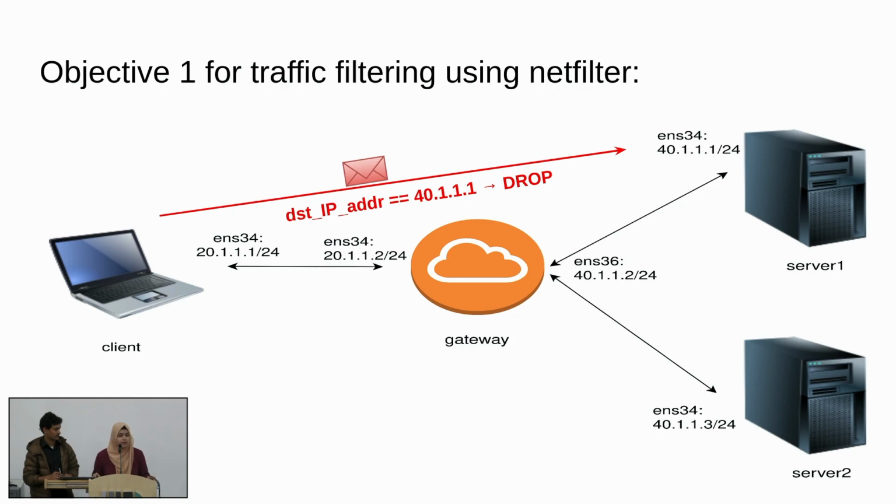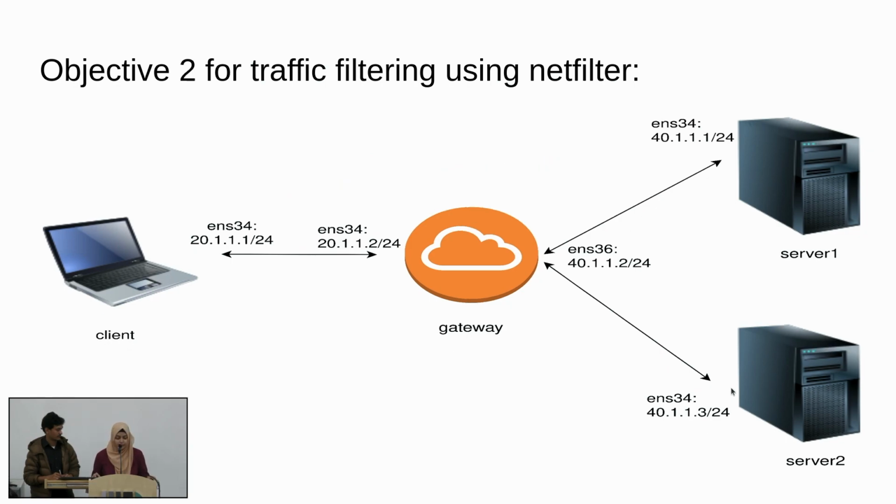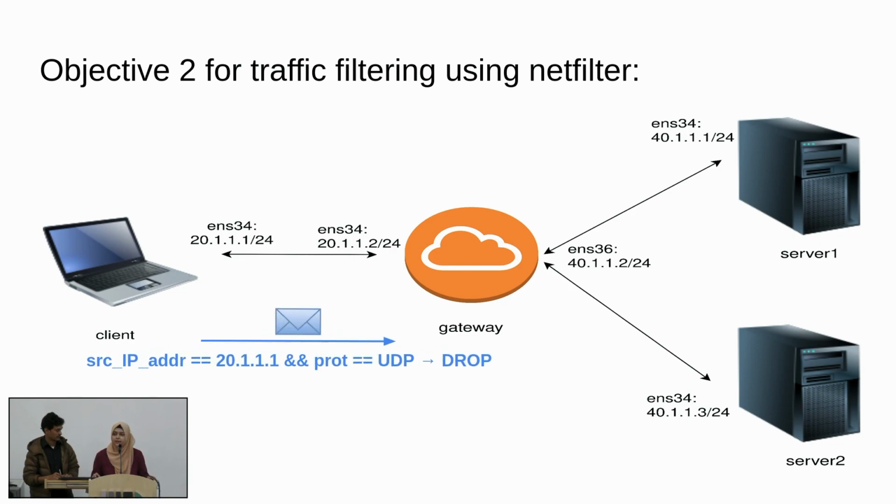This is our first objective, where all the traffic from the client to server 1 has to be dropped. Getting on to the next objective, this one says that all the traffic, and especially the UDP traffic, that is coming from the client to the gateway should get blocked.